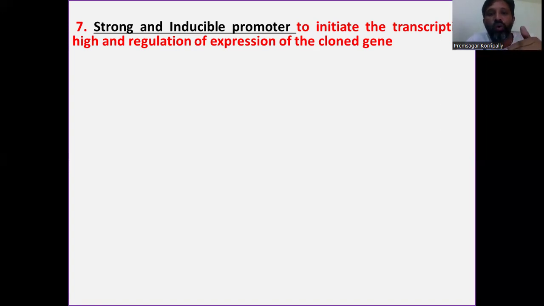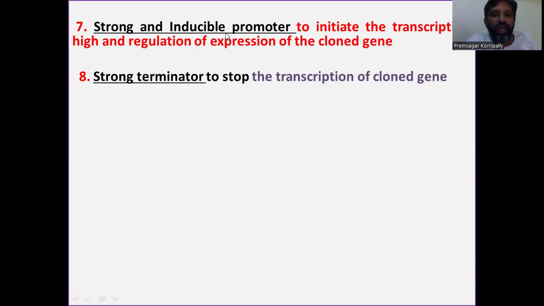It means whenever you want to initiate transcription, you add an inducer, and only at that time does transcription start. That's the reason all the expression vectors have both of these features, strong as well as inducible. And the 8th point, a strong terminator, is also very, very important.